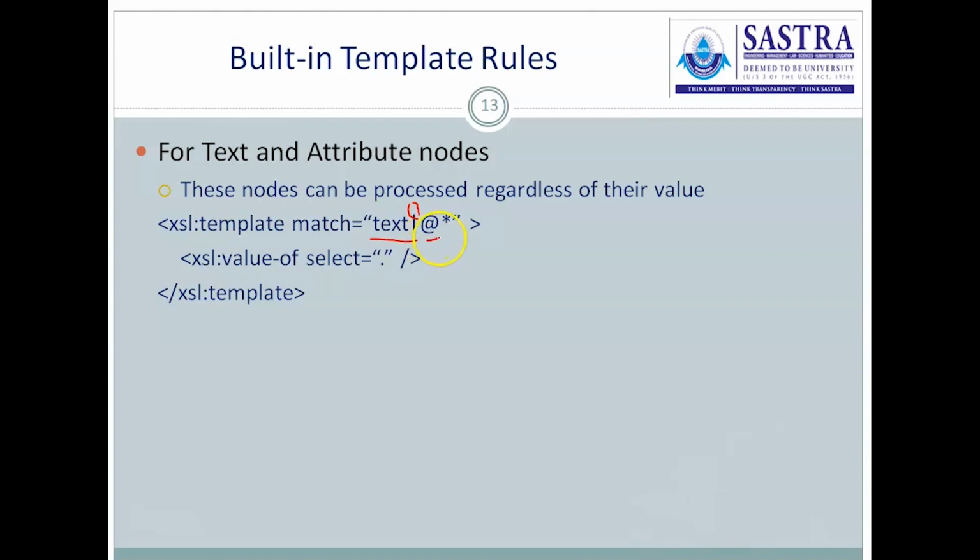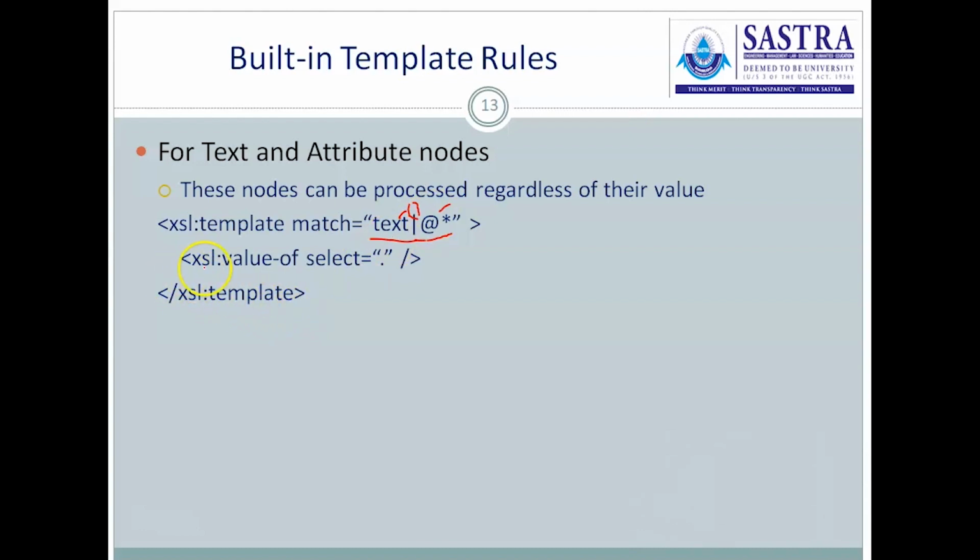Suppose no textual information is available, then we can extract the attributes available in the XML document by specifying at and star. It is a choice, text or attribute. If textual information is available, we can retrieve that. Otherwise, we can retrieve the attributes associated with the element.